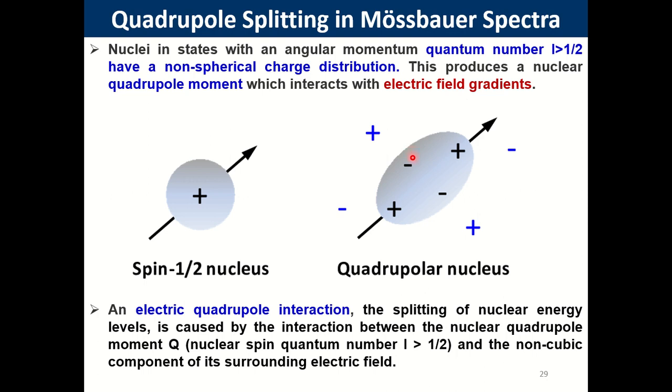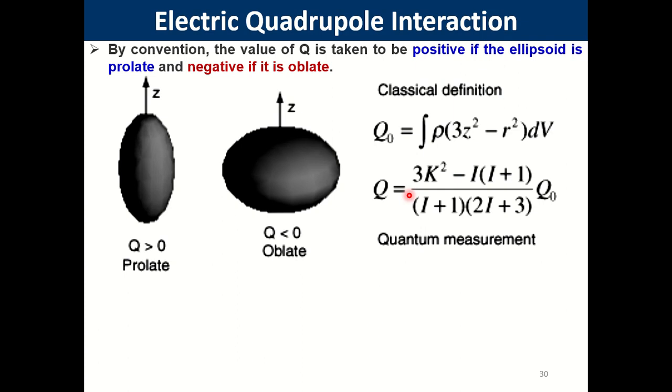A tensor is something in which you have to specify the magnitude, direction, and the plane on which it acts. So we need a tensor to describe this situation. This is the quadrupole generated in the nucleus, and the q that we are talking about is the quadrupole moment.